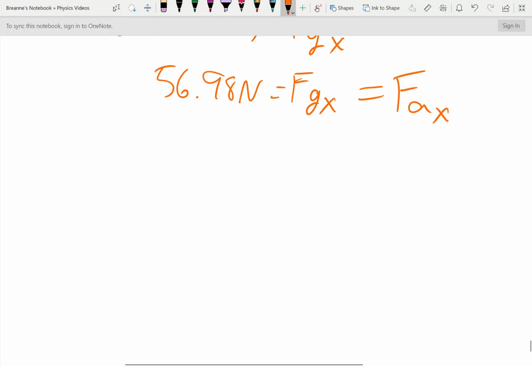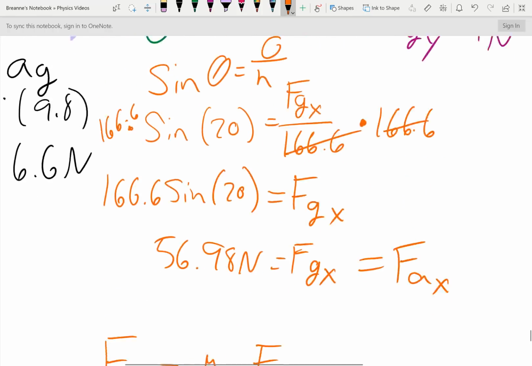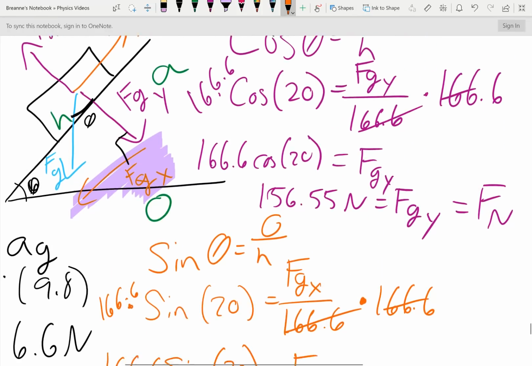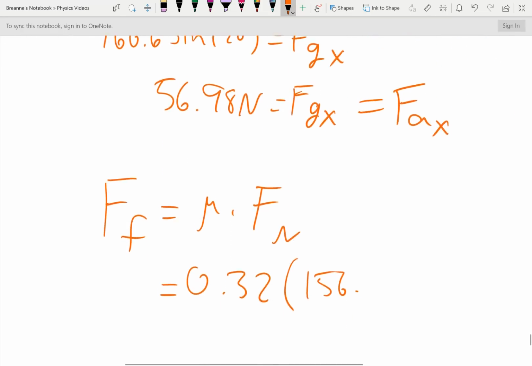Next thing it asks you is for your force of friction. So your force of friction equals your mu times normal force. Mu was given. Mu was 0.32. Normal force, it's the same thing as your force of gravity in the y. So it'd be 156.55.